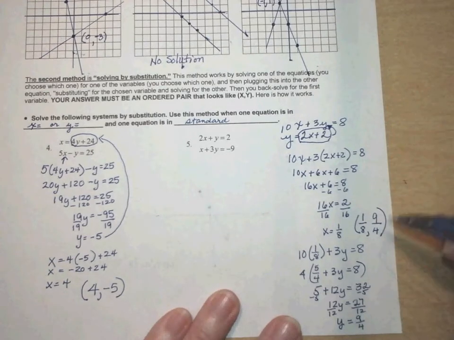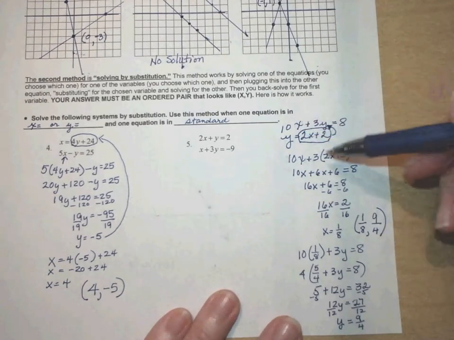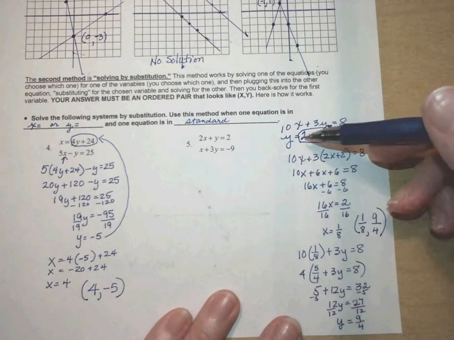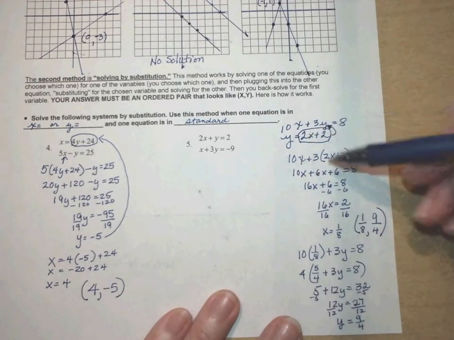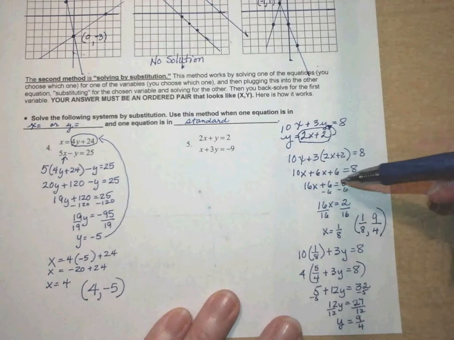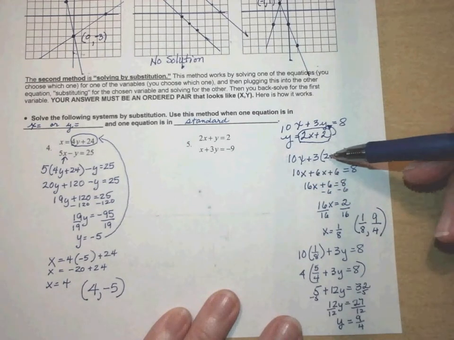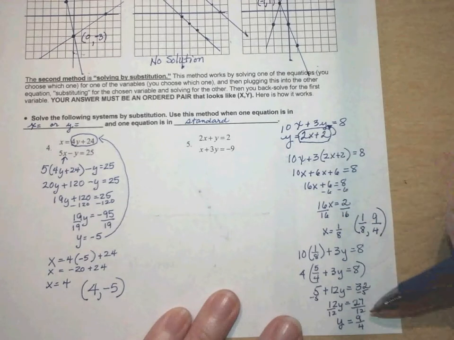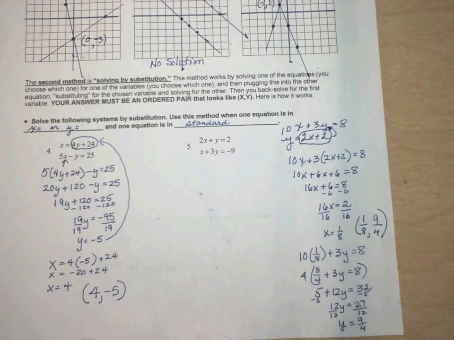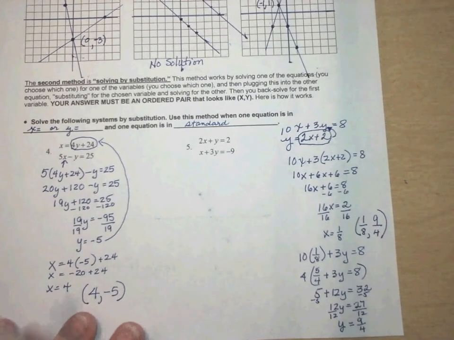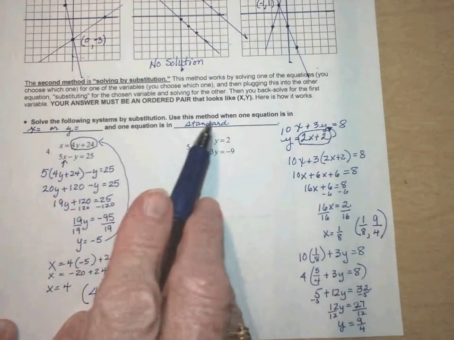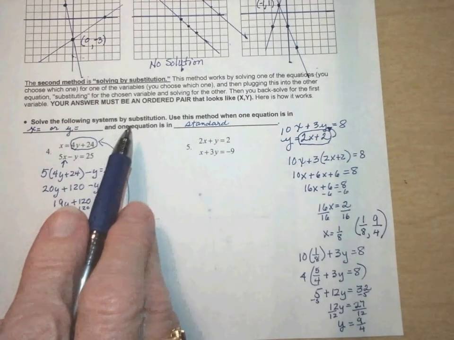So this one works out pretty good. I hope that I worked everything out correctly. So this would be 3 times 2x equals 6. 3 times 2. Okay, looks right.